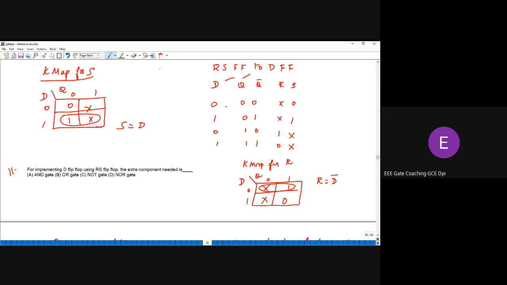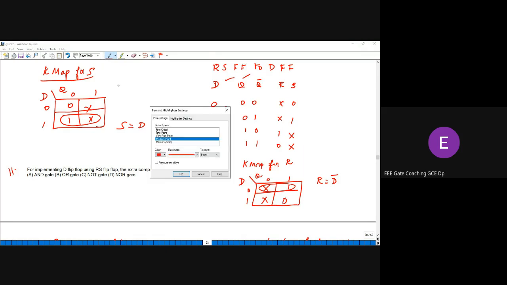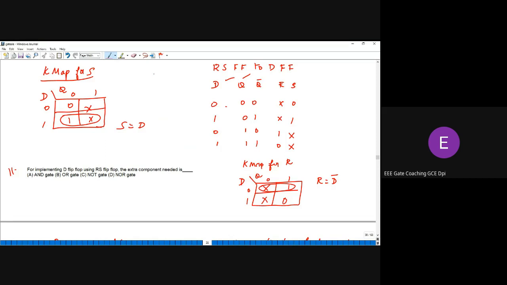Now my RS flip flop, right? Yes, with Q and Q bar. So what is R? R is nothing but D bar, right?